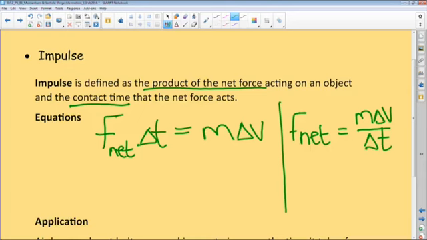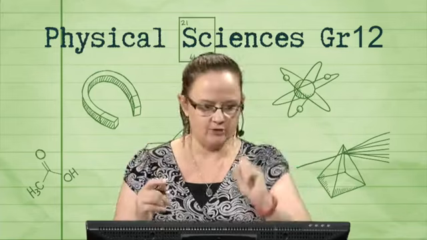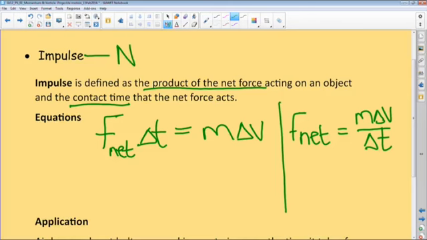Same thing. Why is impulse important? Well, before we get there, first I need to remind you, the units of impulse are newton seconds. It is equal in value to the change in momentum, but it has a different unit. It will be in the same direction.